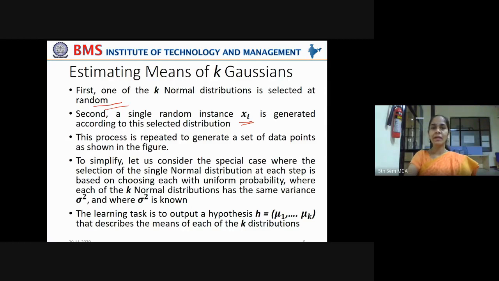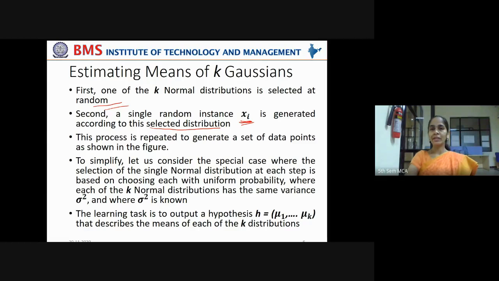When the random data is being generated, in the first step, one of the k normal distributions is selected at random. You can just select one of those distributions at random, that the data is falling into this normal distribution or it is drawn from this particular normal distribution. Now second step, a single random instance xi, means one single training example, is generated according to this selected distribution.